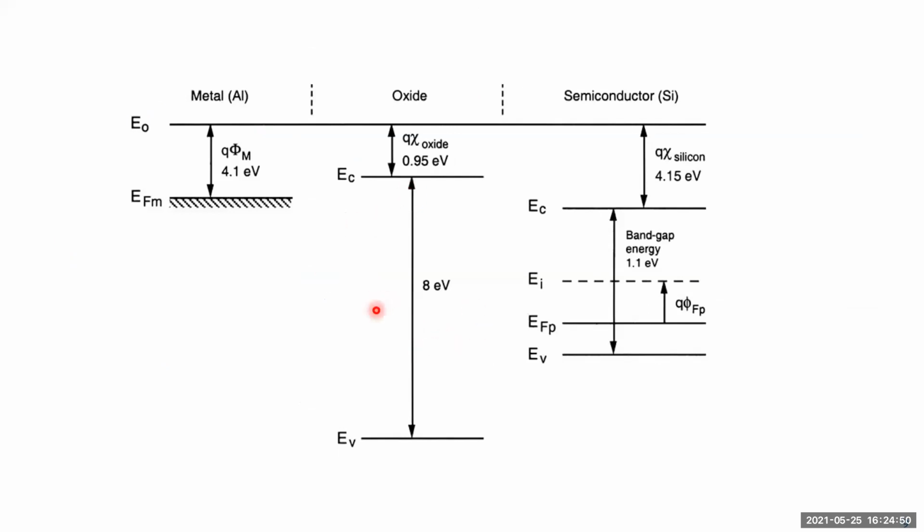I just showed this to show you, as I said before, when we have semiconductors, usually we take the Fermi potential differences. But from a metal to a semiconductor, there is a Fermi potential, but that's your conduction band basically. So that's why we use the work function.